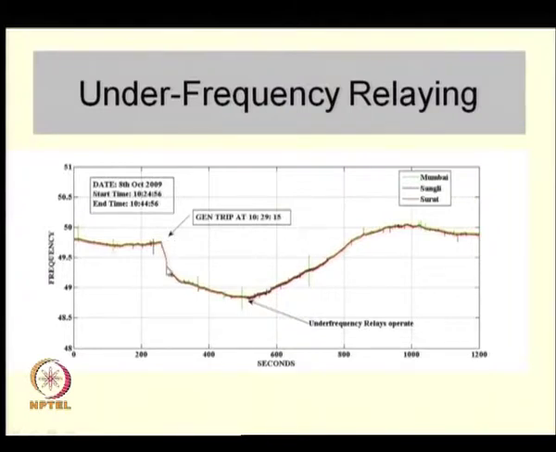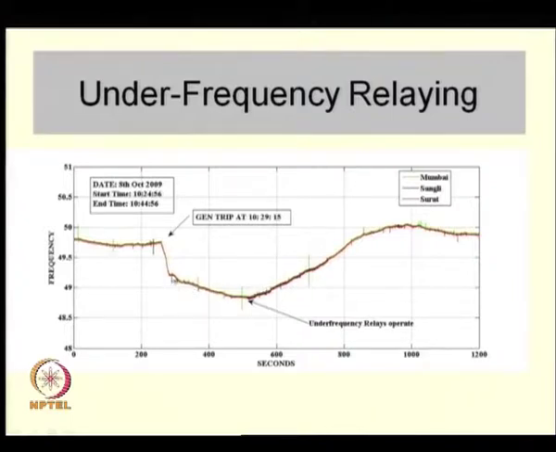You see quite a precipitous drop in frequency, a very high rate of change of drop in frequency. If you just allow this to go on, the frequency can go right down and cause a tripping of all the steam turbines in the system, and there could be a blackout.